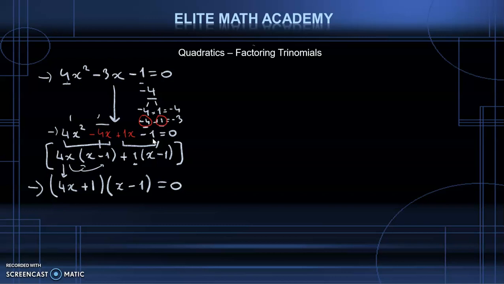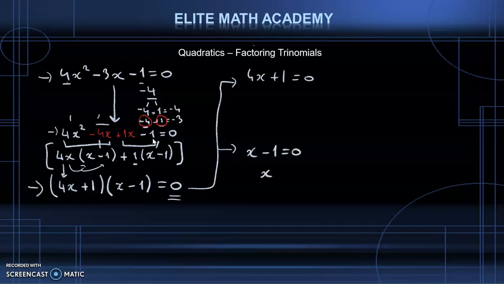What two values could there be that will satisfy this equation, this trinomial, to be 0? The first one is 4x plus 1 equals 0, and the other one is x minus 1 equals 0. From here, we know that x equals 1. This is our first solution.